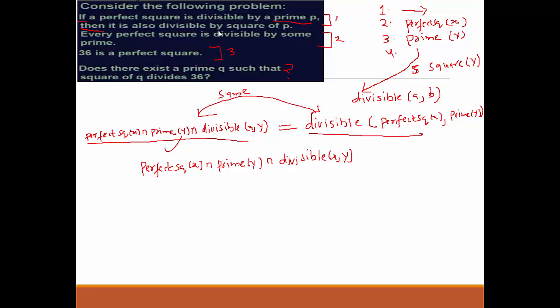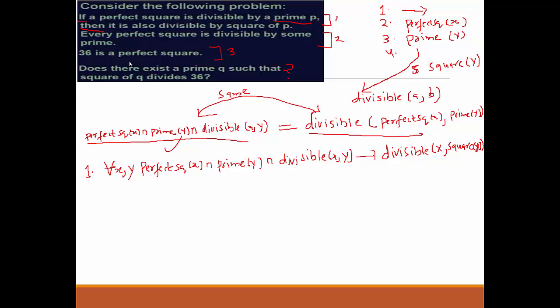So the statement says if this is true, then divisible x comma square y is true. But we are talking about all the numbers. So outside this, we are going to have a universal quantifier, which is x comma y. So this is our first statement.